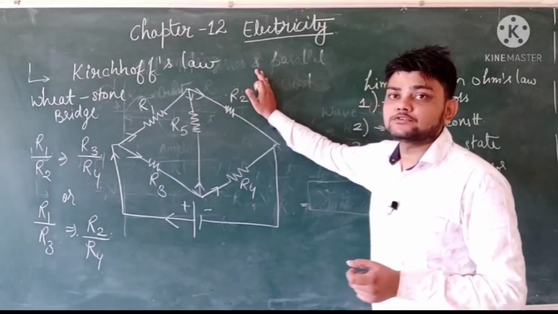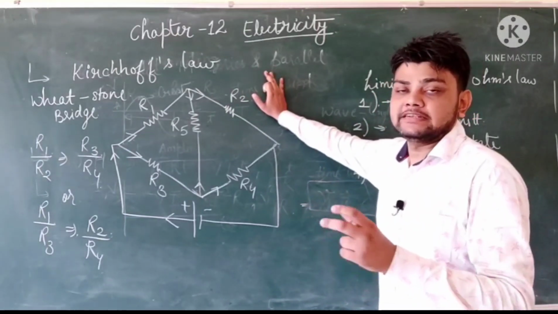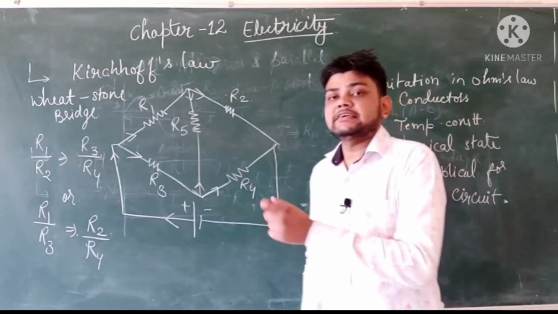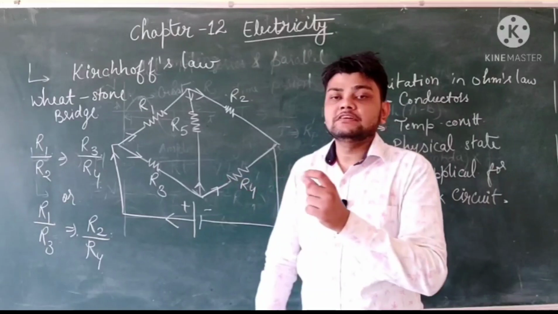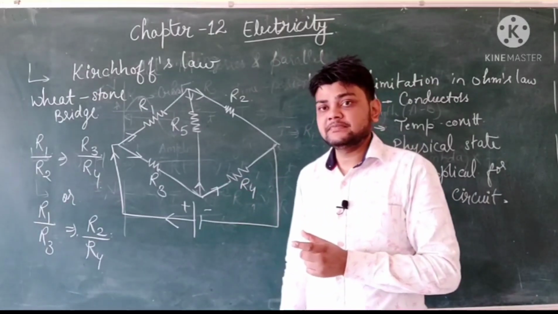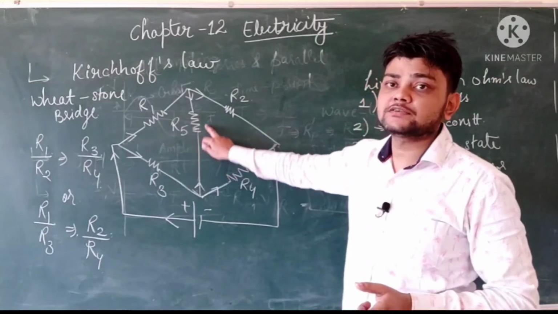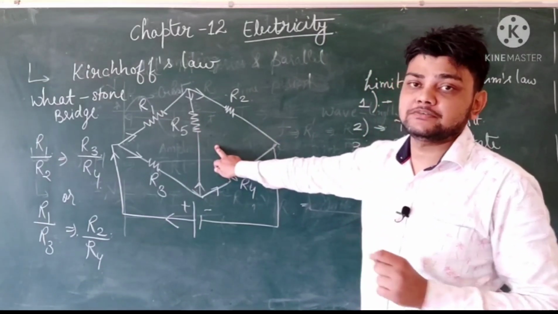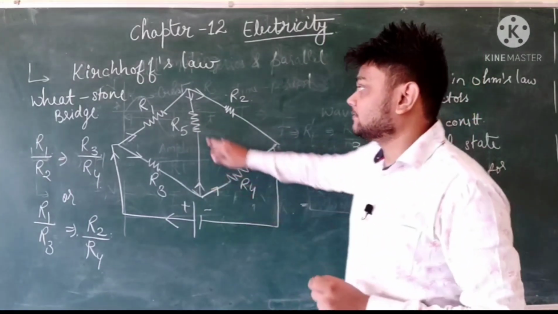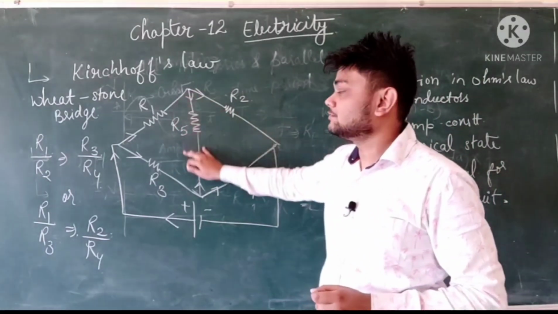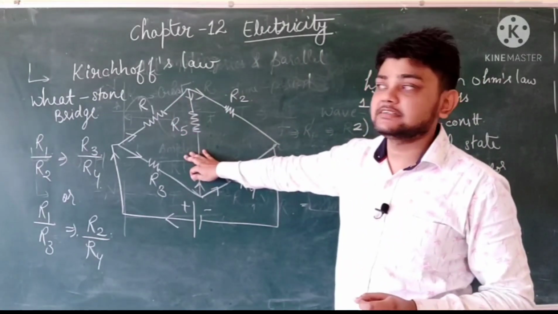In a balanced Wheatstone bridge, the ratio of 2 adjacent arms should be the same as the ratio of the remaining 2 adjacent arms. In such a condition, there will be no current flowing through the center diagonal. If no current is flowing, it will be like there is no wire present at the center.